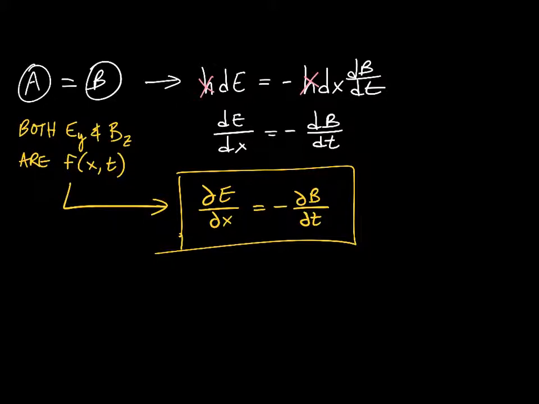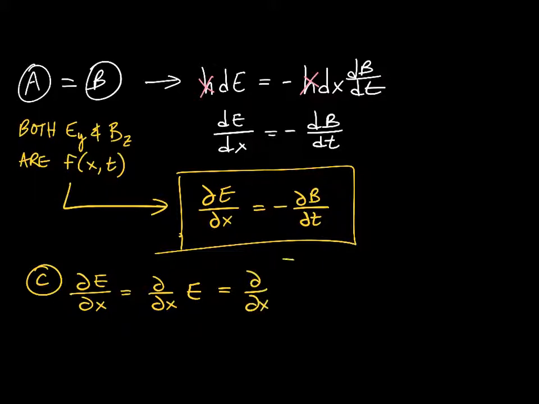Let's see. I'll call this C. What is dE dx? It would be the partial with respect to x of whatever E is. Well, you did see that it was a sinusoidal function, correct? The amplitude of that function is the maximum electric field strength, and then the characteristic function for a sinusoidal function is always the sine of the phase angle, which is the wave number times x minus the speed times time.